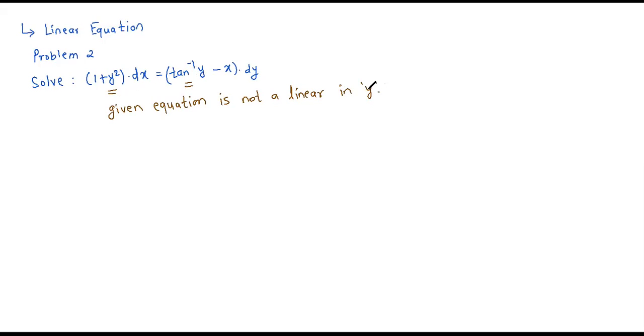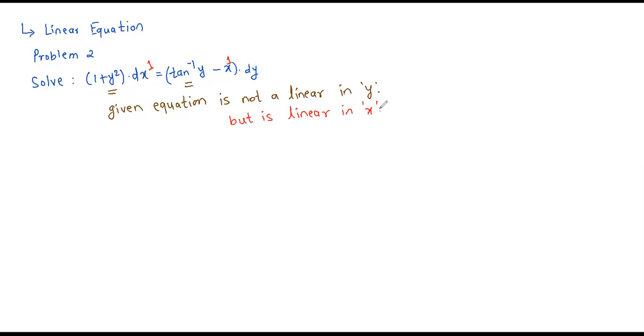But if you observe x, what is the degree of x here? It is 1, and the degree of its differential coefficient dx is also 1. So we can say the given equation is not linear in y but is linear in the x variable.